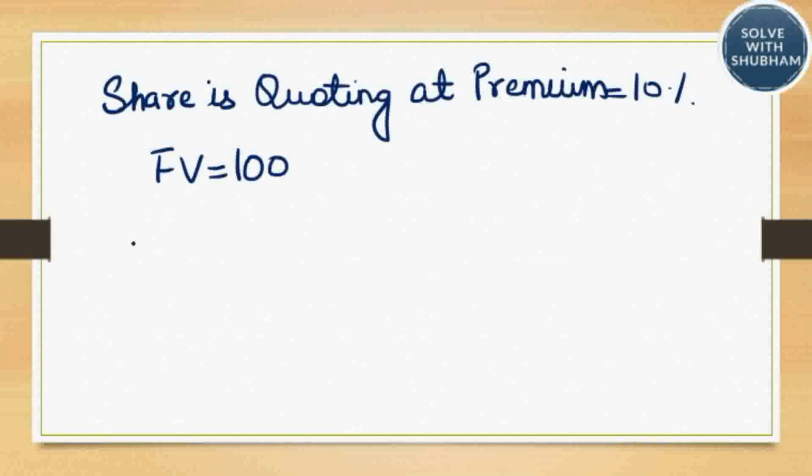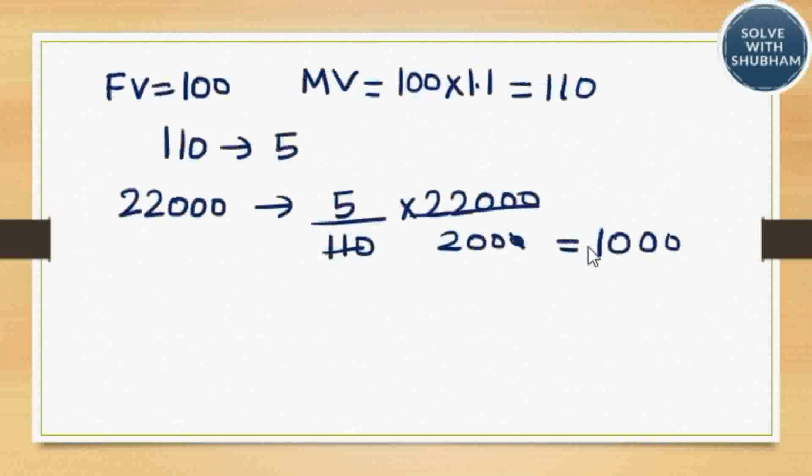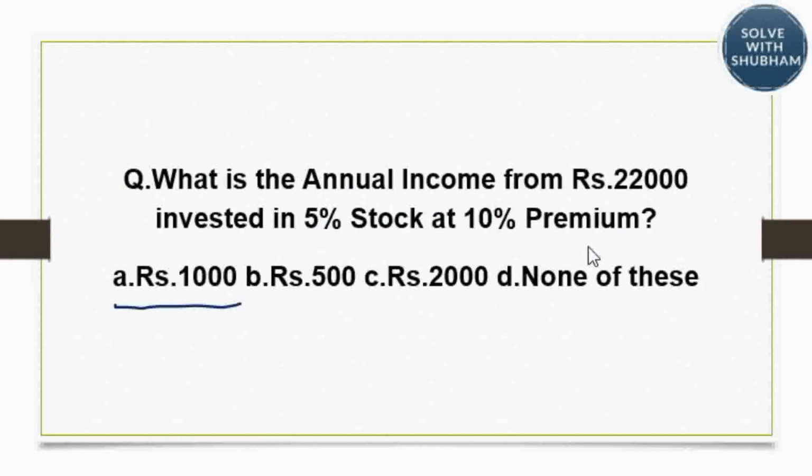So your market value, how we calculated? 100 plus 10% of 100. This we got as 110. Now, as per the question, when you are investing 110 for one share, you get 5%. It means 5% of 100, 5 rupees. For 22,000, how much your income would be? So this, when you calculate, you get it as 1,000. Simple question.